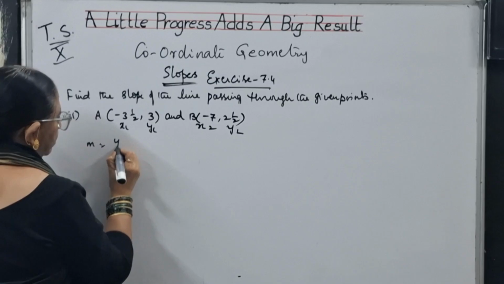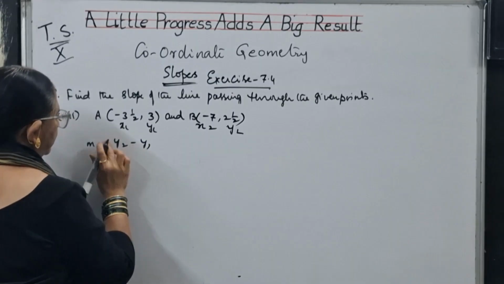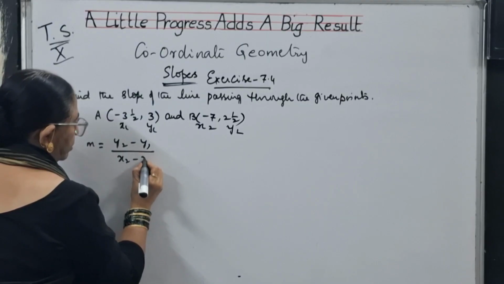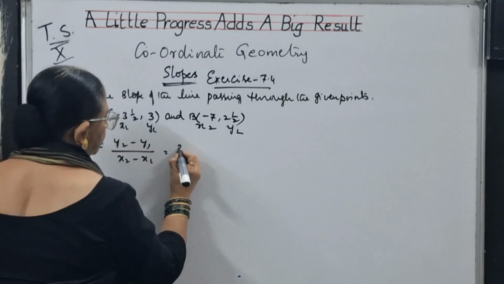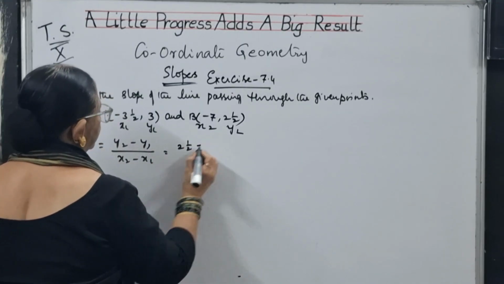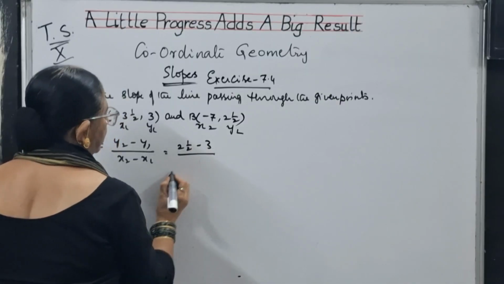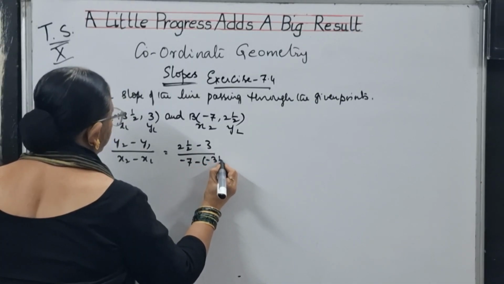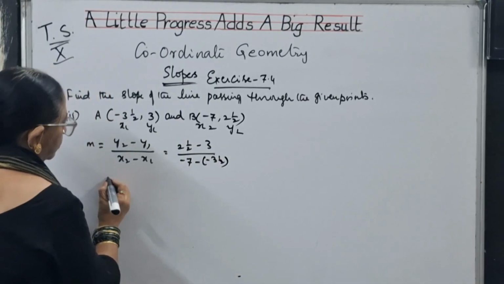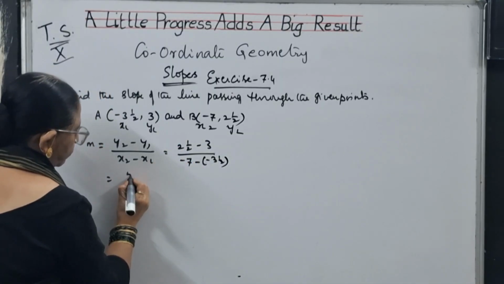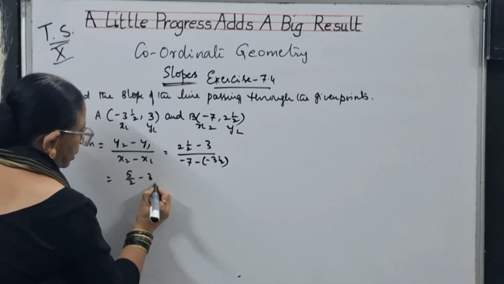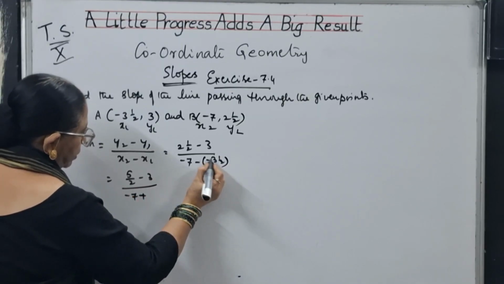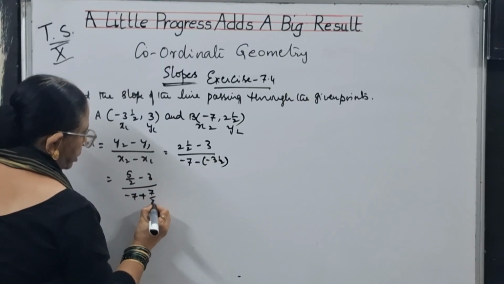So slope is y2 minus y1 by x2 minus x1. So y2 2 1 by 2 minus y1 is 3, by x2 minus 7 minus 3 1 by 2. So this is equal to 2 and 1 by 2 is 5 by 2, minus 3, by minus 7 minus into minus plus 3 1 by 2, 2s are 6, 1, 7 by 2.